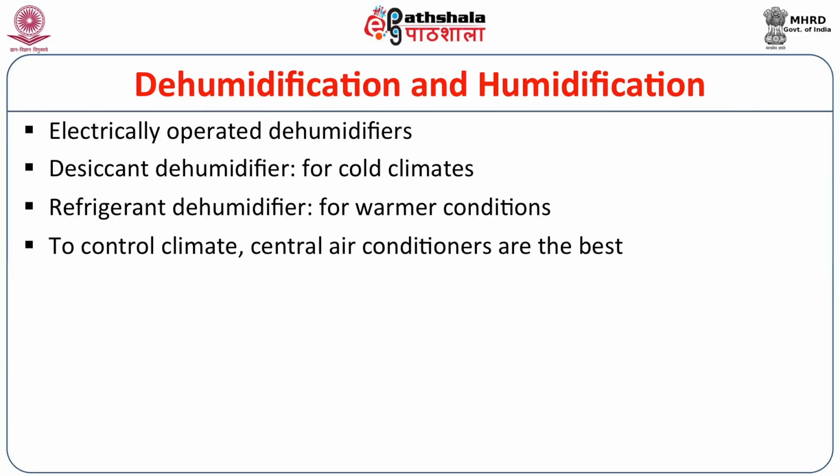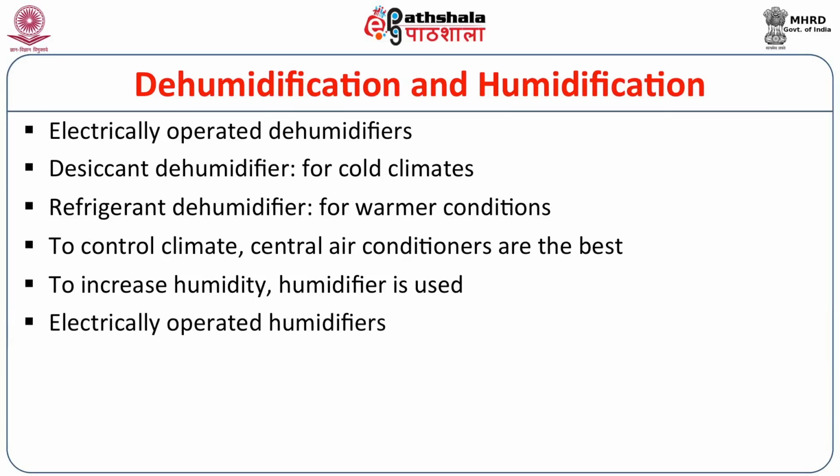To control climate, central air conditioning is the best method, but it is very expensive, and in India it is not always possible to install total air conditioning in a museum, basically in the small museums. To increase humidity, a humidifier is used. Electrically operated humidifiers are of two types, atomizing types and evaporative types.